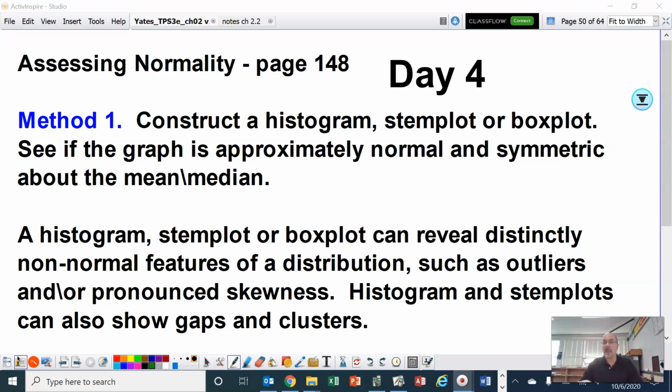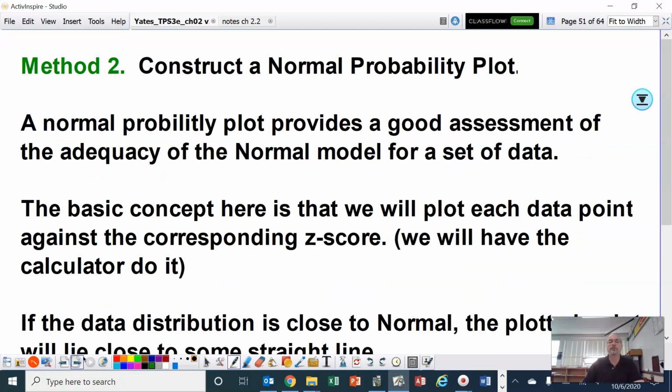If you say it is skewed, you cannot say it's approximately normal. You can't put those together, okay? They're opposites of each other. So keep that in mind as we go through things. That's method number one, and I'm going to demonstrate that.